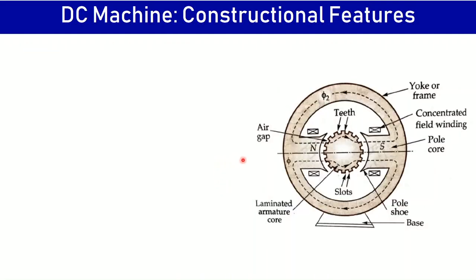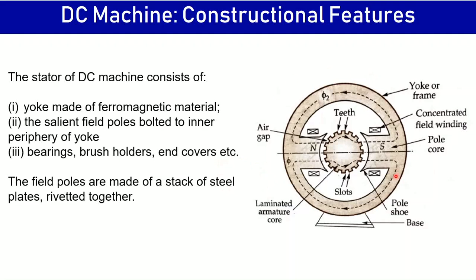So coming to the stator part of a DC machine, the stator consists of this frame which is known as the yoke. It is made of ferromagnetic material. The inner part of this yoke has a protruding pole, the salient pole, which is bolted to it, and on this pole there is a concentrated winding which is the field winding.